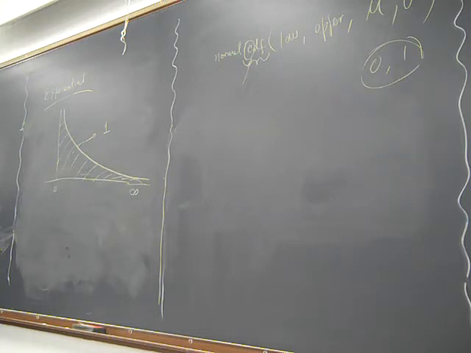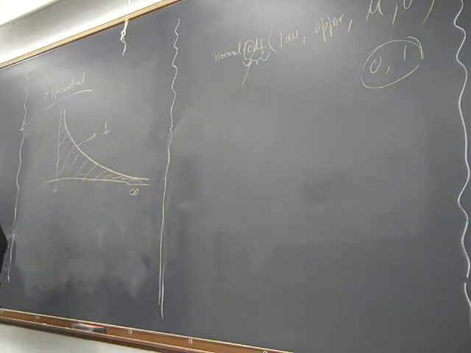Now, there are some similarities between the exponential and the Poisson distribution. Remember, the Poisson distribution measures the number of customers that arrive every time period, right? The exponential distribution measures the time between arrivals.